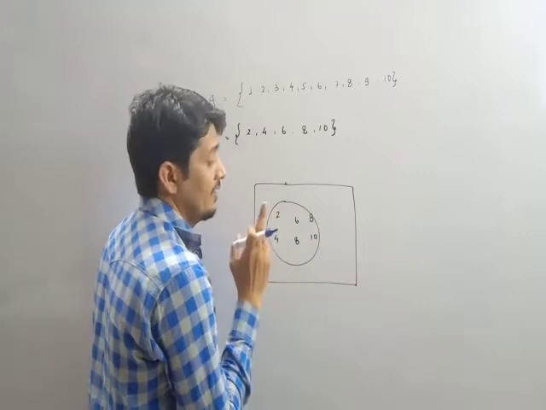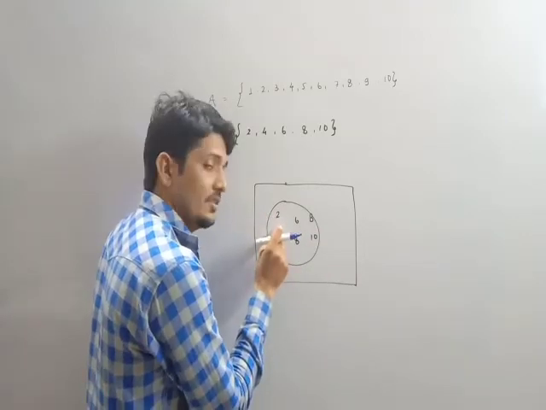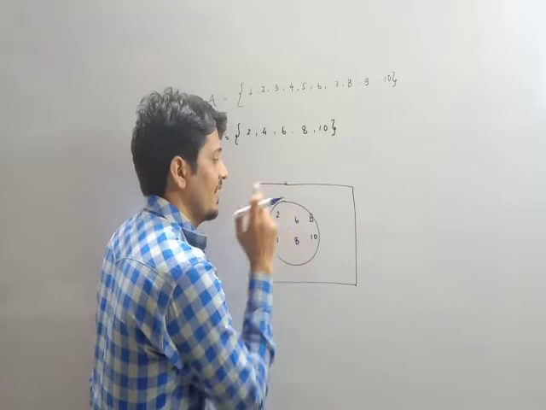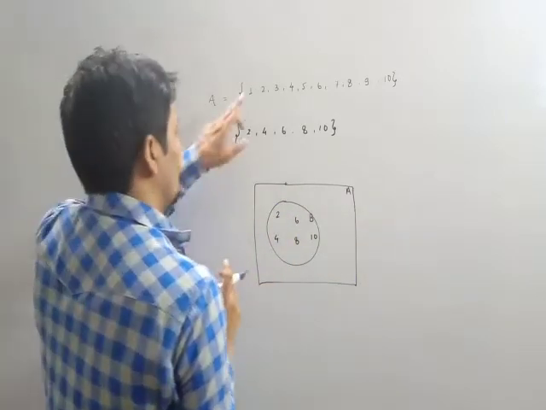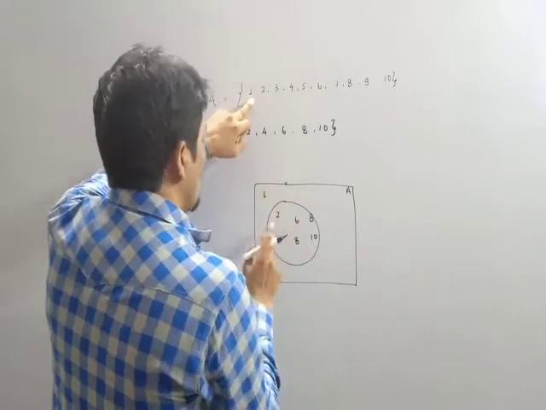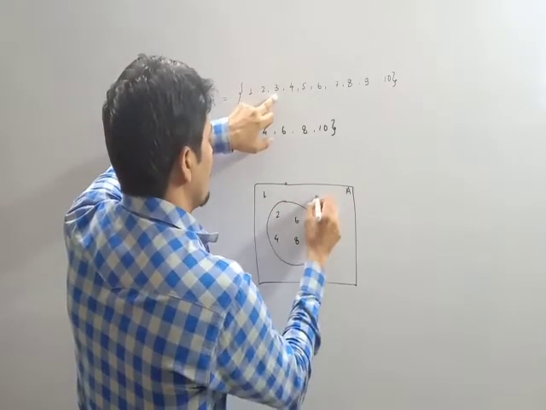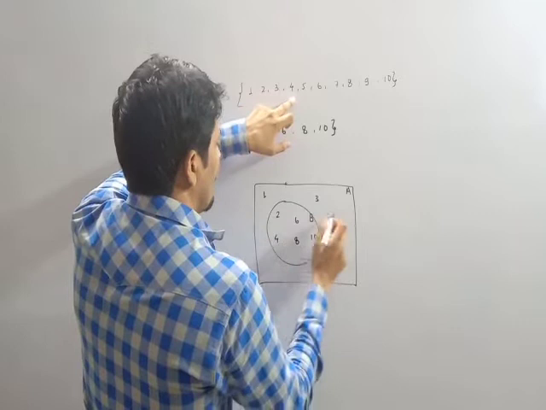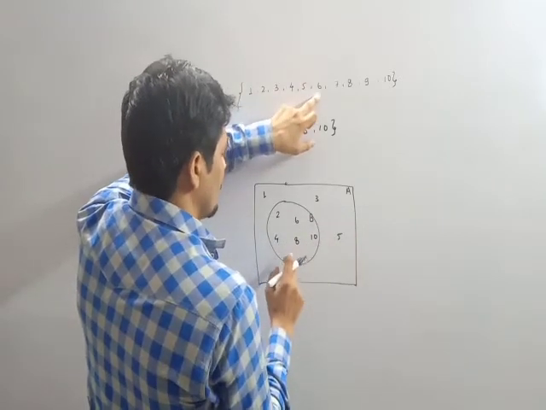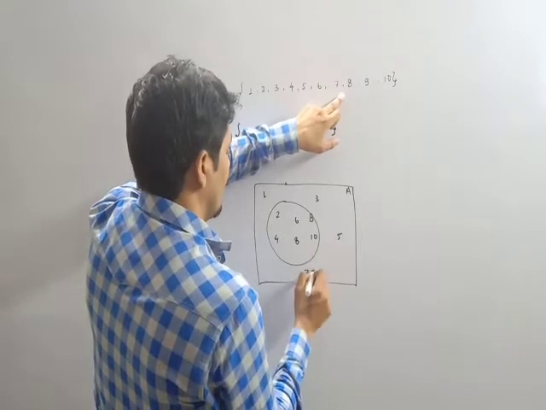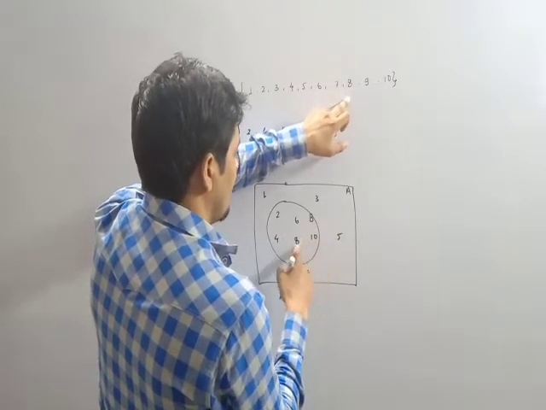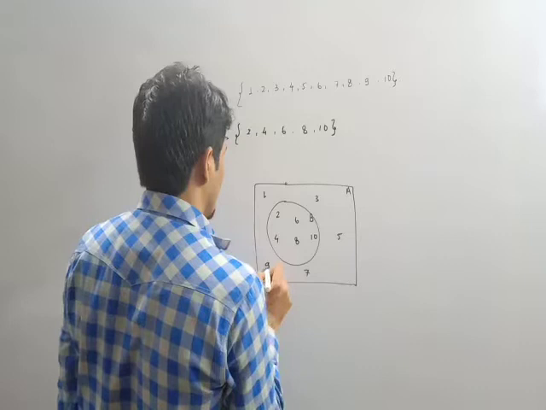we have to write the subset inside the set A. So this is the set A. See, set A contains 1, we have 1, we have 2, we have 3, we have 4, we have 5, we have 6, we have 7, we have 8 here, and we have 9.